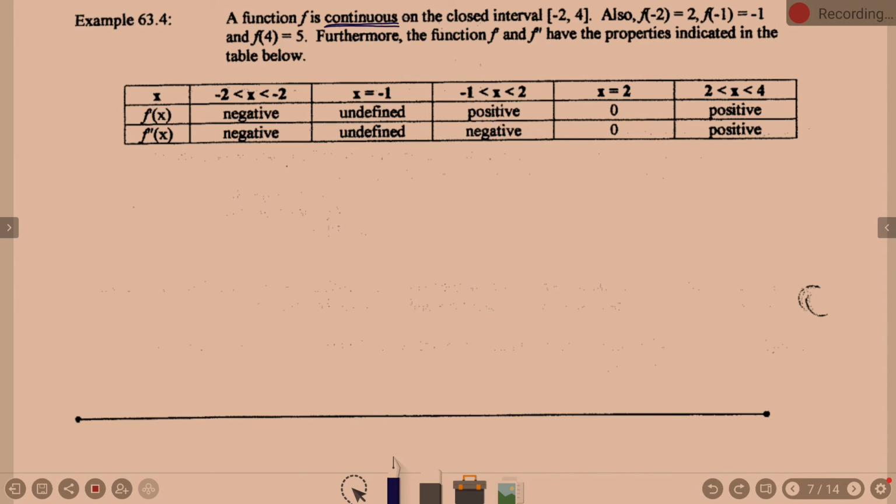Now, I just realized it doesn't say what you're supposed to do. So the question we are ultimately going to be answering is: we are going to be finding the values of x for which f attains max and min values.